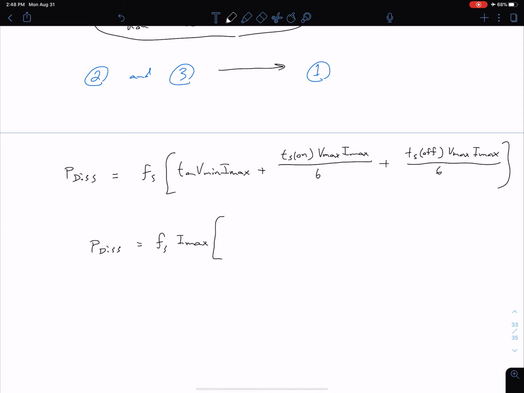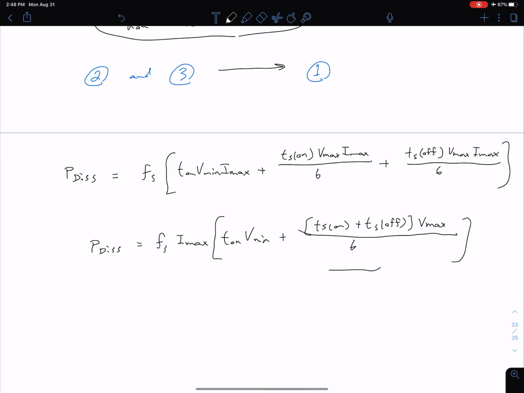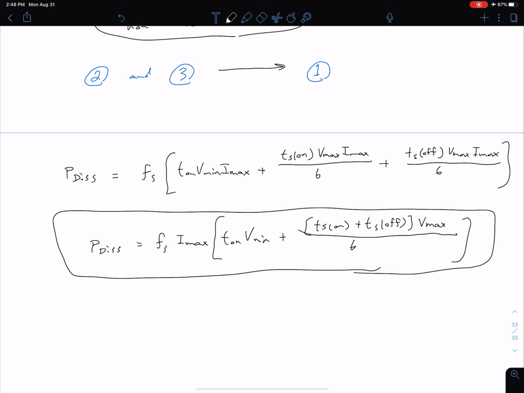And then in parentheses we now have T on times V min, and then plus, let's combine these two into one: we have Ts on plus Ts off, both of which are being multiplied by our V max, and both of which are divided by 6. So there's our simplified equation for our average power dissipated in these switching power supplies.